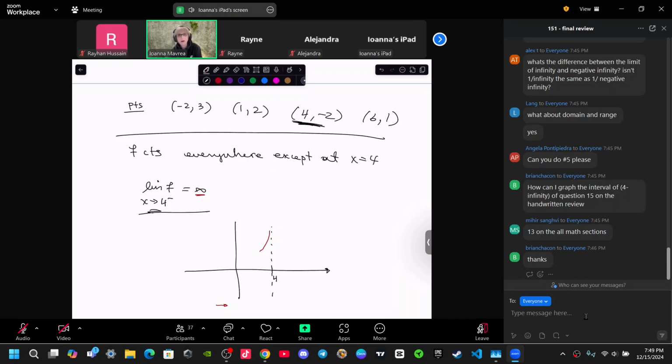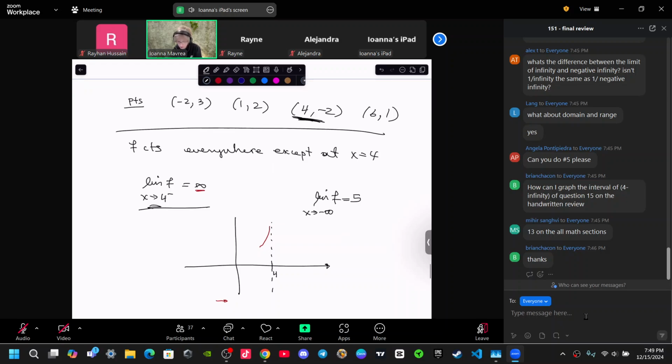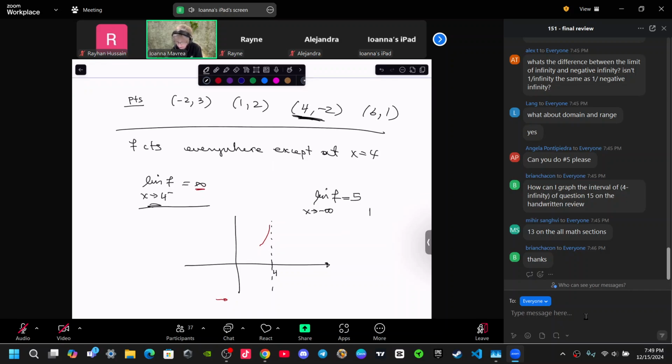Okay. It also says the limit of f as x goes to negative infinity is equal to 5. So this tells you that if you go to the left side of the graph, the graph does all kinds of weird things.